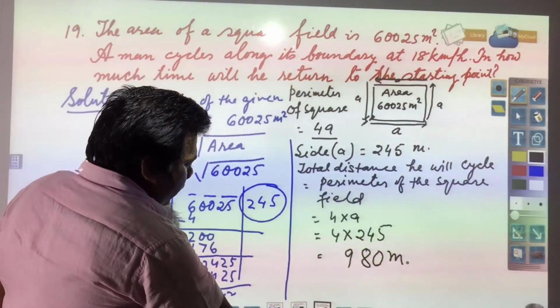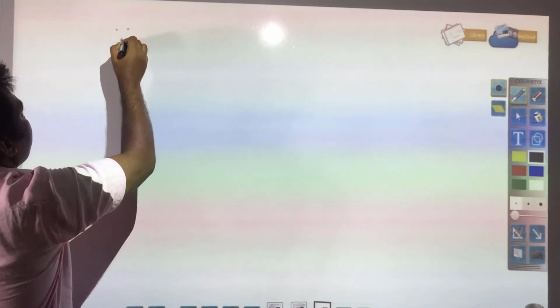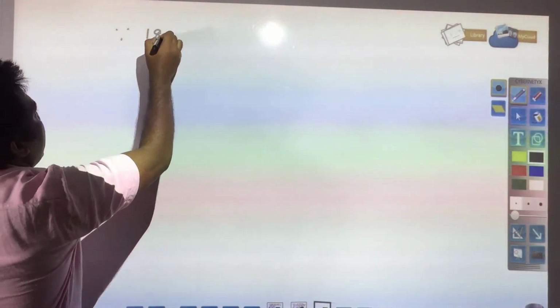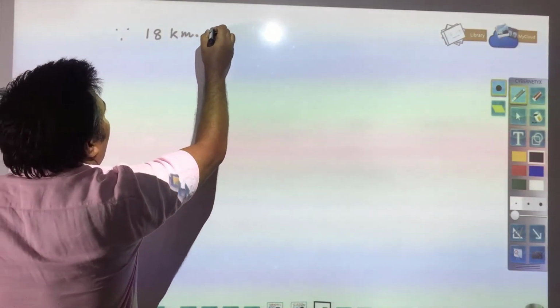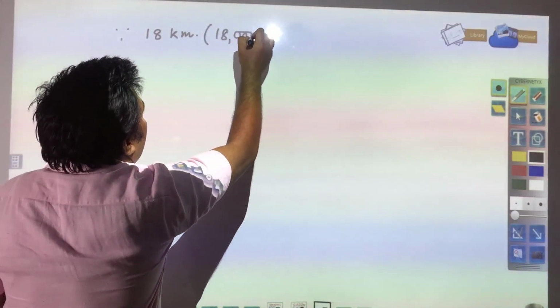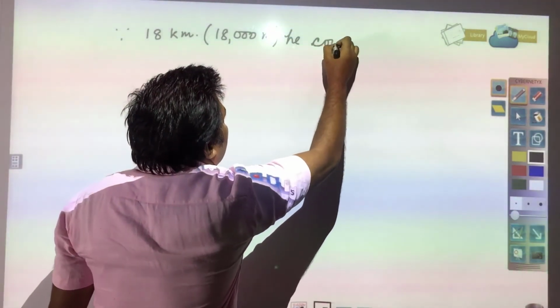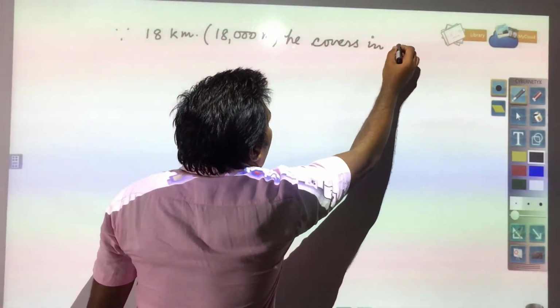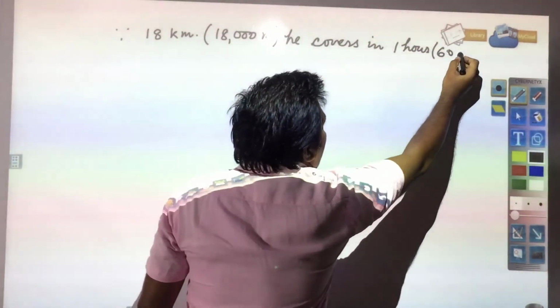So how we will find? You see, use unitary method, since 18 kilometer or 18,000 meter he covers in 1 hour. 1 hour means 60 minutes.